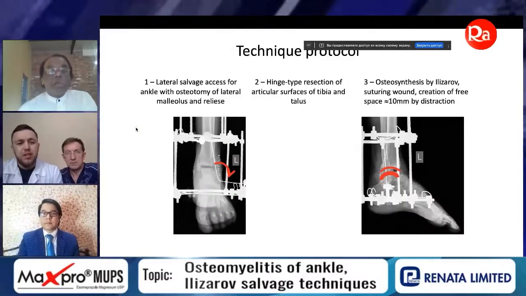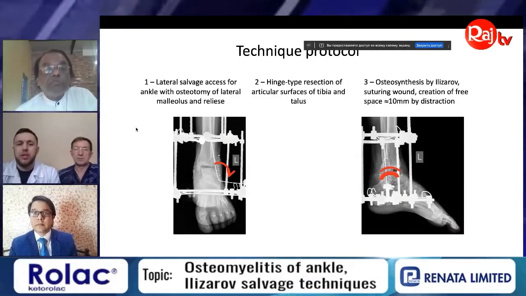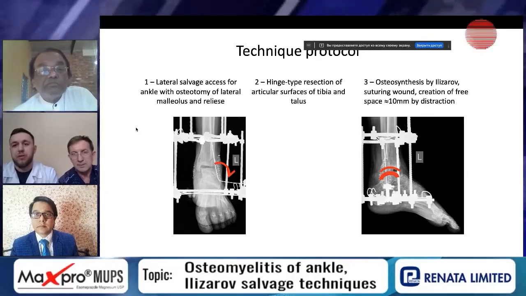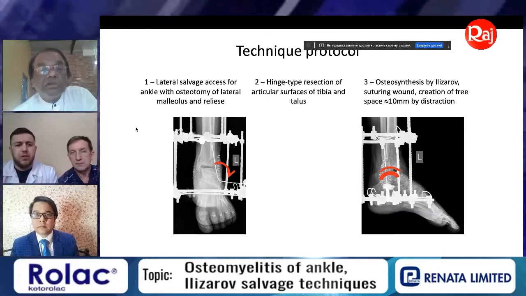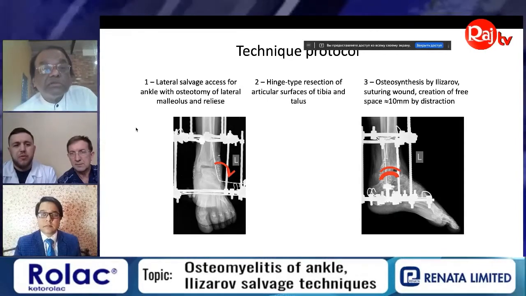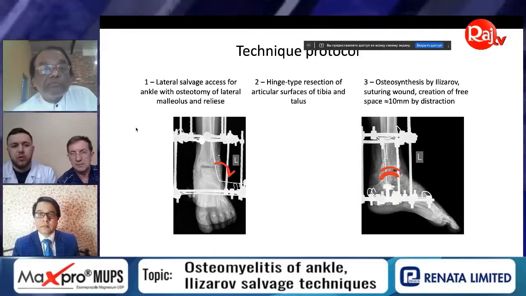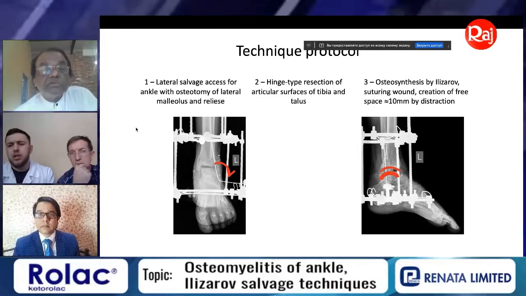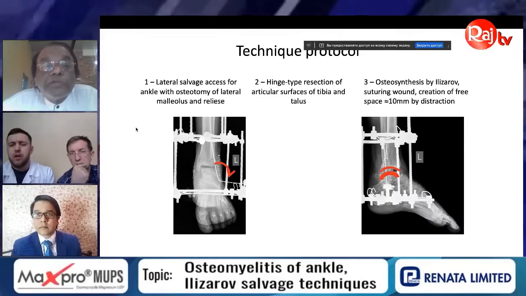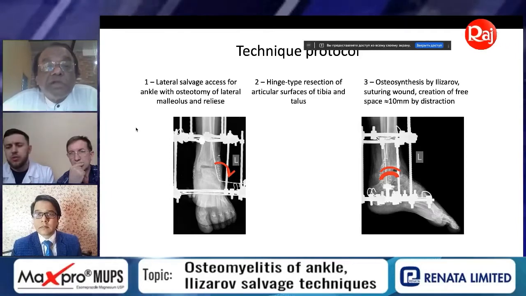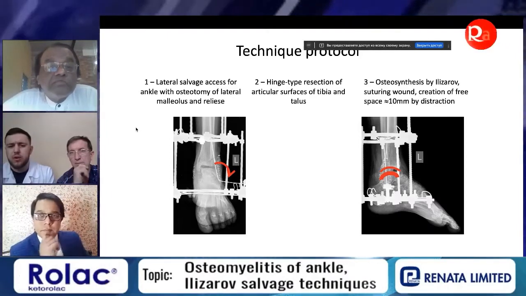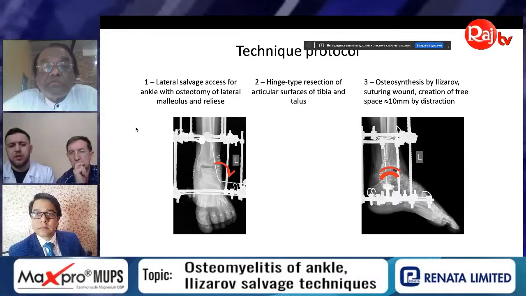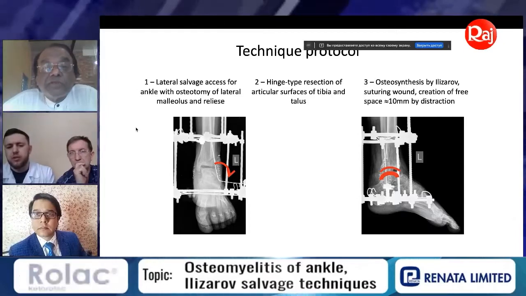So, what is the typical technique protocol which we started to use after the previous case? First, a lateral salvage access to the ankle with osteotomy of the lateral malleolus and release of the lateral malleolus, especially saving all tendons, for creation of stability of the ankle joint in the future.